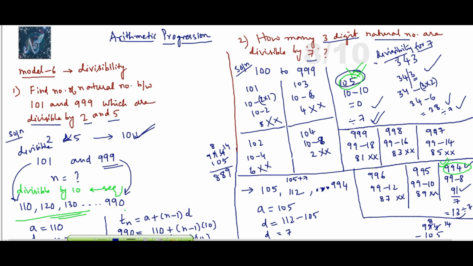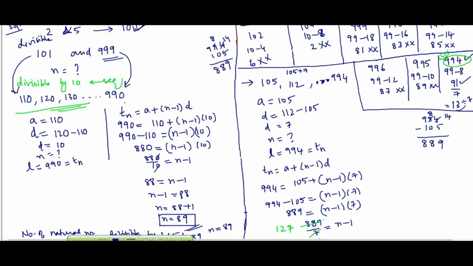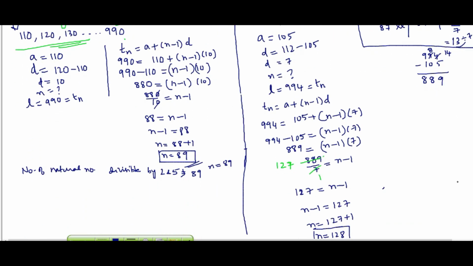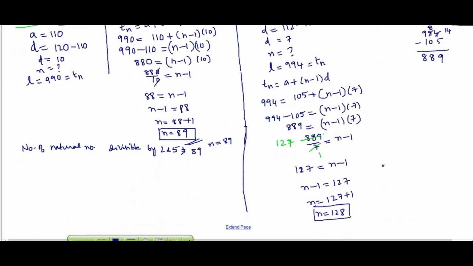So I can consider that and write the final answer here: number of natural numbers divisible by 7 is nothing but 128, or you can write n is equals to 128. Okay, so that's it. Thank you.